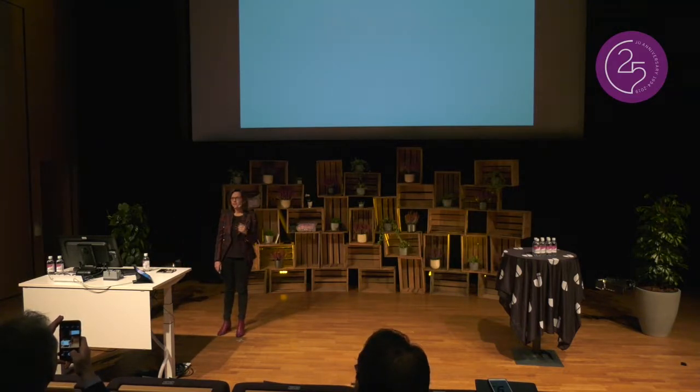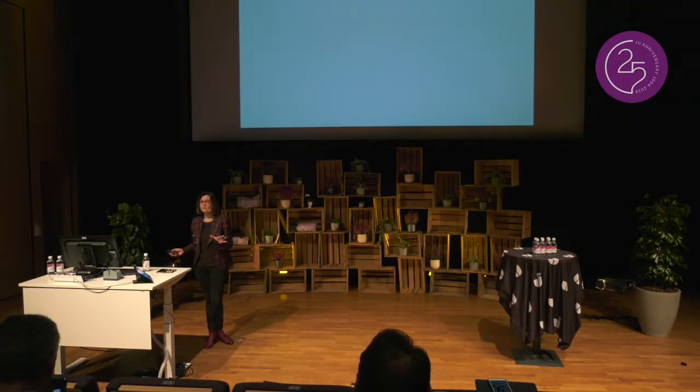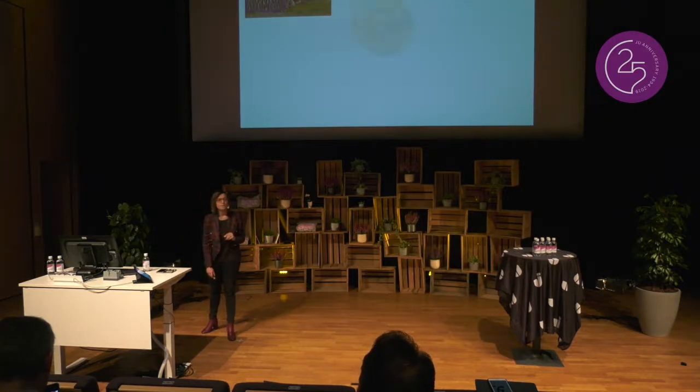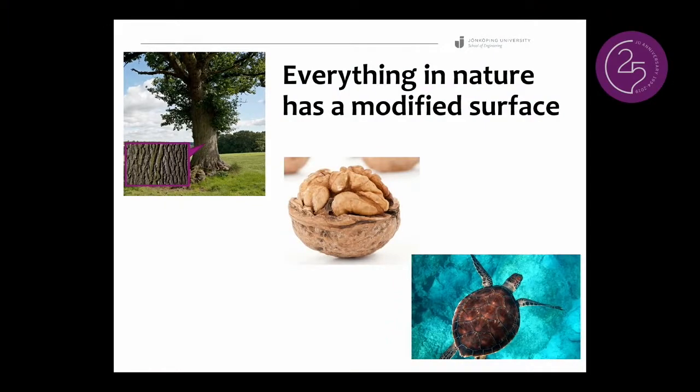And to understand it better, let's look around in nature. If you look around yourself, even in this room, you will see that everything has a modified surface. For example, if you look at the surface of a tree, then you see that there is a bark on it, or a nut has a shell around it.